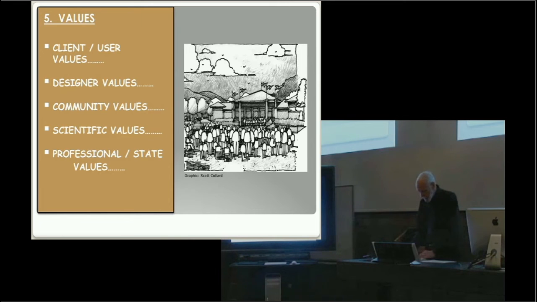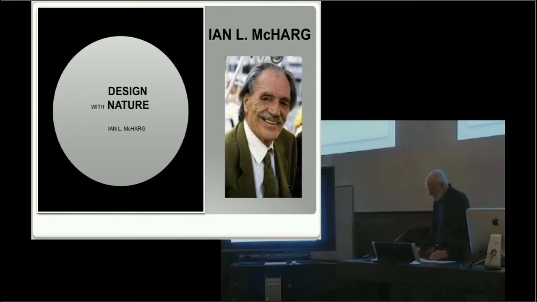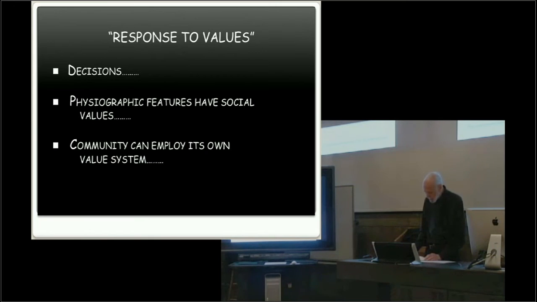Ian McHarg, in his book Design with Nature, published in 1969, probably has come as close as anyone that I have come across in addressing the full range of consideration for values. In one chapter in his book, entitled Response to Values, McHarg identifies his method as not being a plan, but a strategy which can support varied plans depending upon collective and individual decisions.